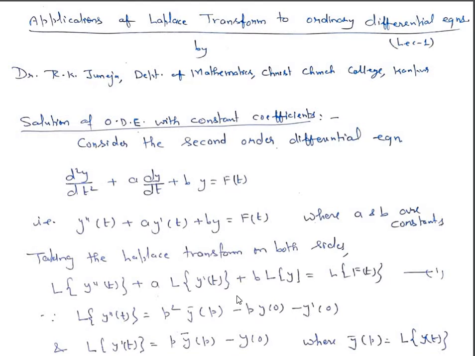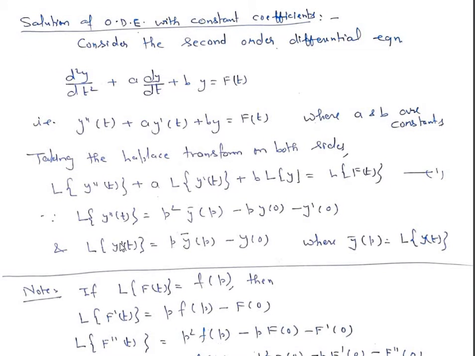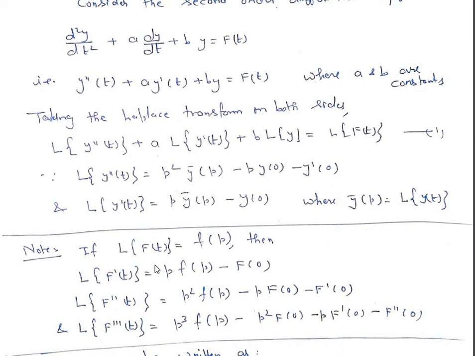Now we have already done these formulae. Just for revision, if L of f(t) is equal to F(p), then we had learned L of f' is equal to p into F(p) minus f(0). Similarly, Laplace transform of the second derivative f''(t) is equal to p² into F(p) minus p into f(0) minus f'(0).